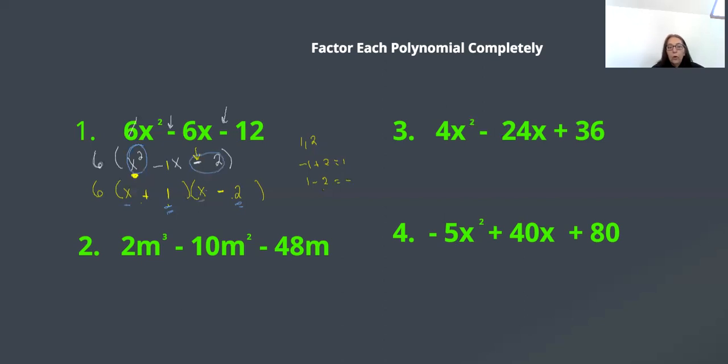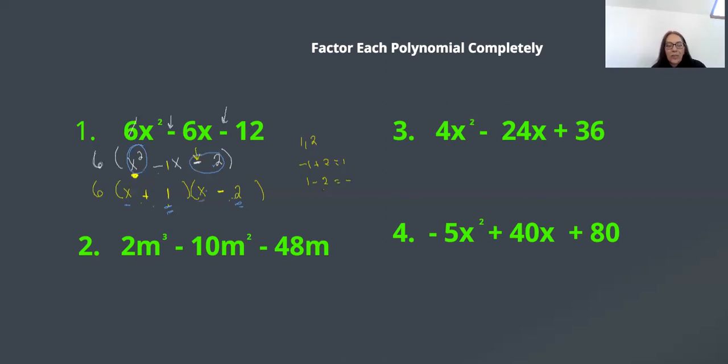A positive 1 times a negative 2 is negative 2. And then when you add negative 2 plus 1, you get negative 1. The problems will eventually get a little harder, and we're going to use what's called the X box to solve those. But it'll be a lot of fun, okay?